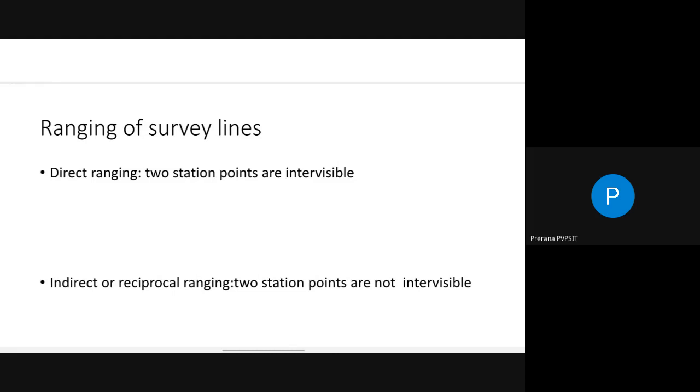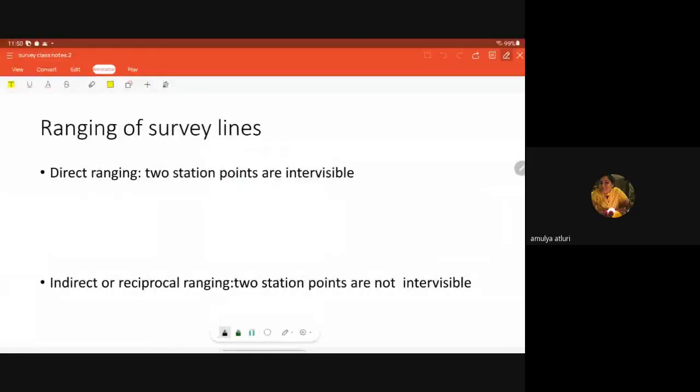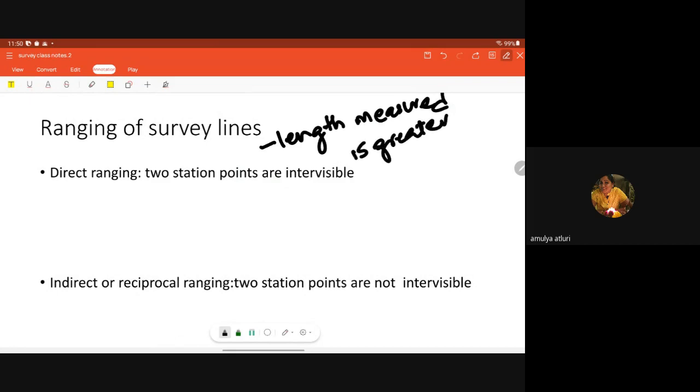If my length measured is greater than chain length, then ranging is required. There are two methods of ranging, direct ranging and indirect or reciprocal ranging.